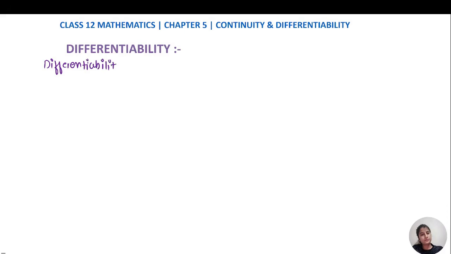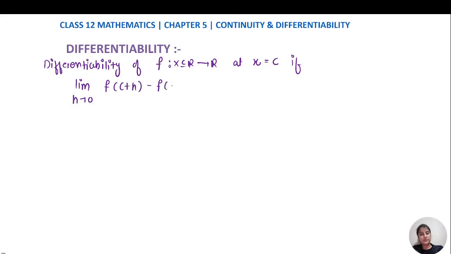Differentiability of a real valued function f, from a subset of R to R, at a point, say x equals c: we say that f is differentiable at the point x equals c if the limit as h tends to 0 of f of c plus h minus f of c, divided by h, exists.